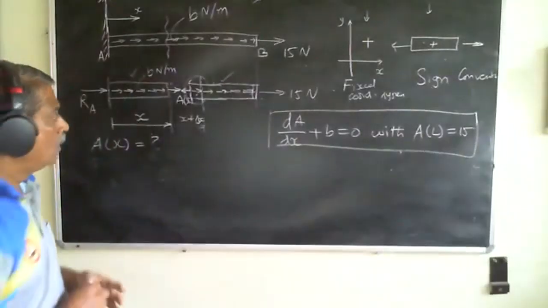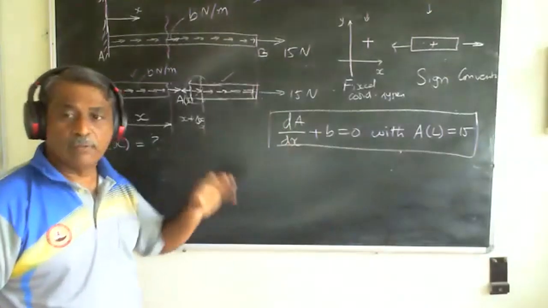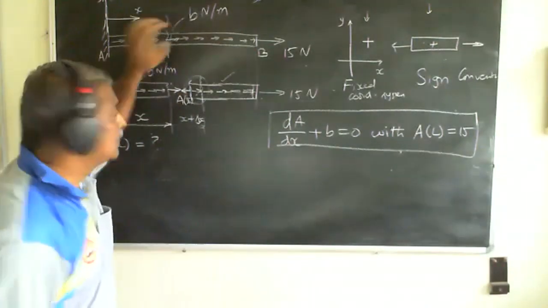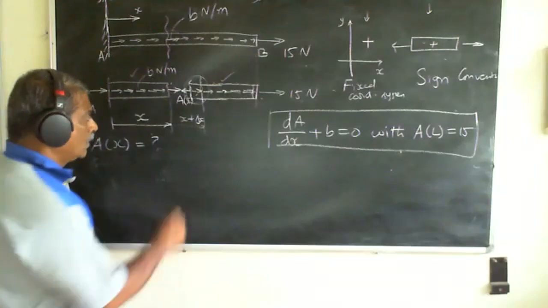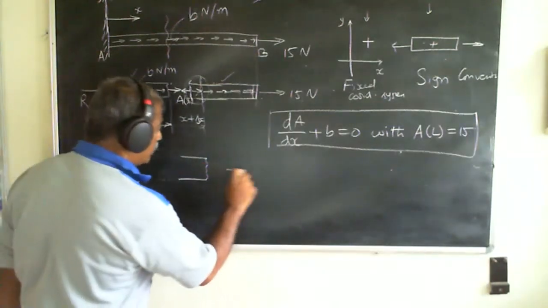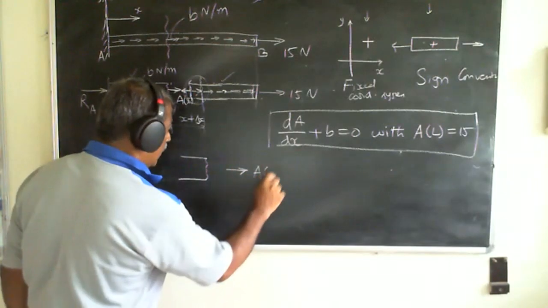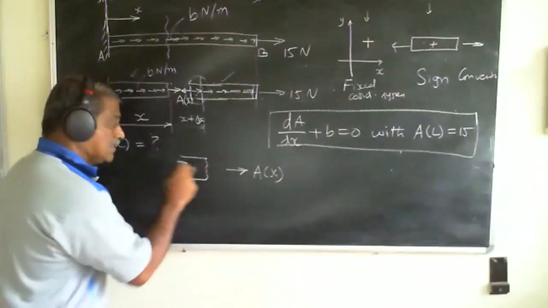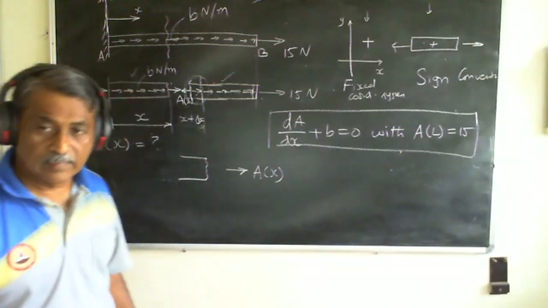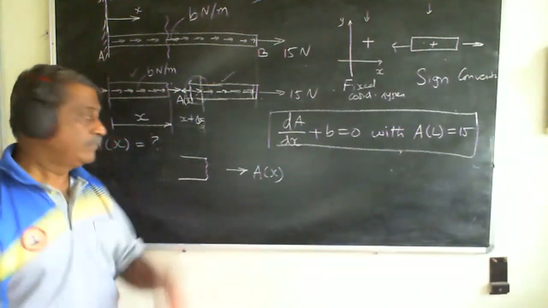Now, having found out the axial force, is it possible for me to find out the stress in this rod? What's the difference between A of x and the stress in this rod? What's the difference? Area, right?